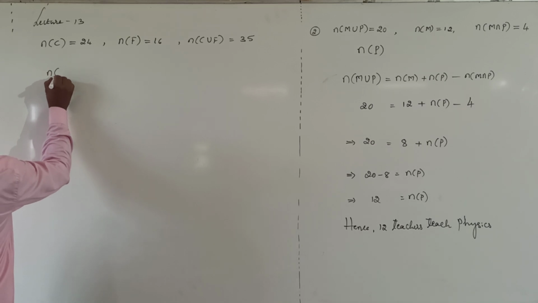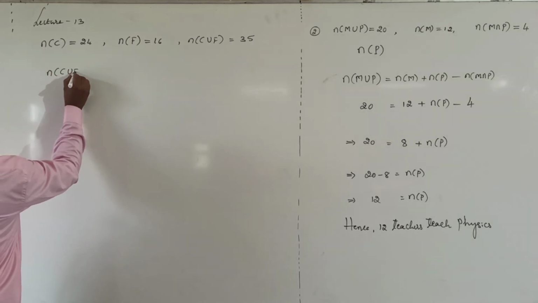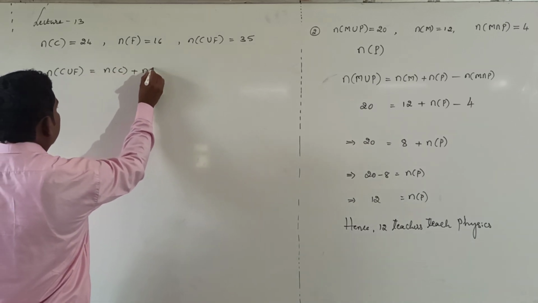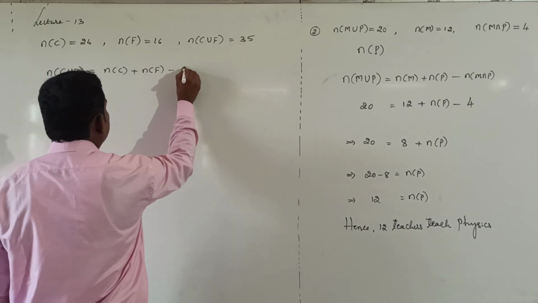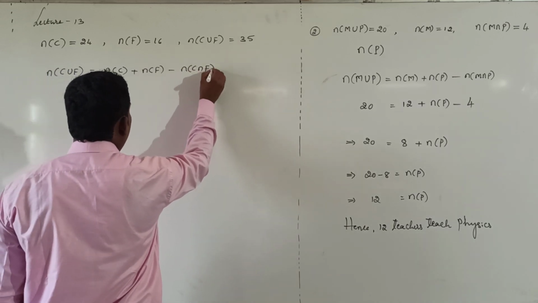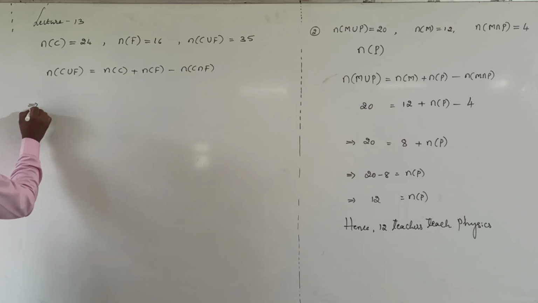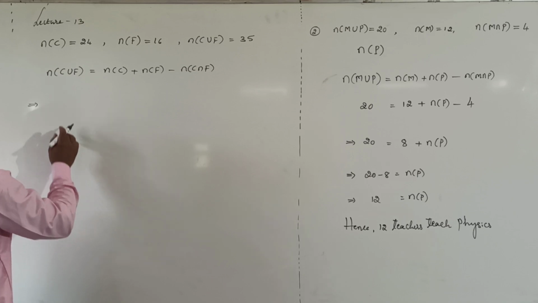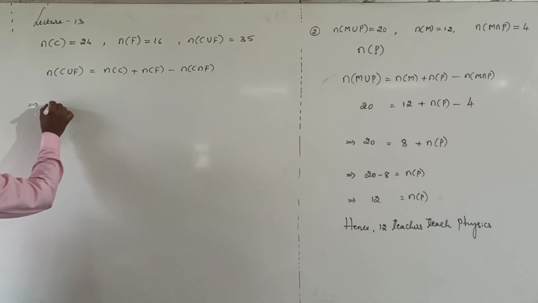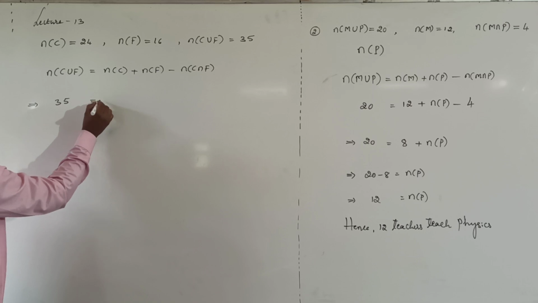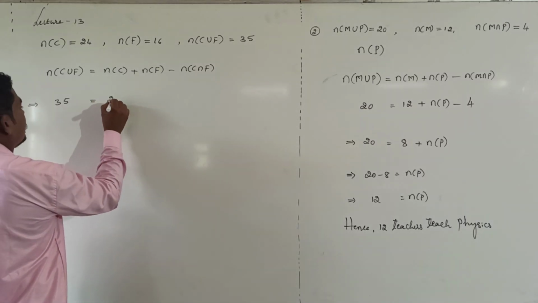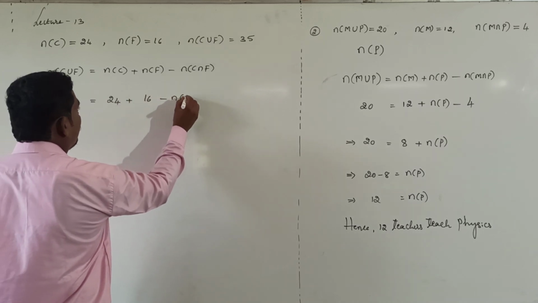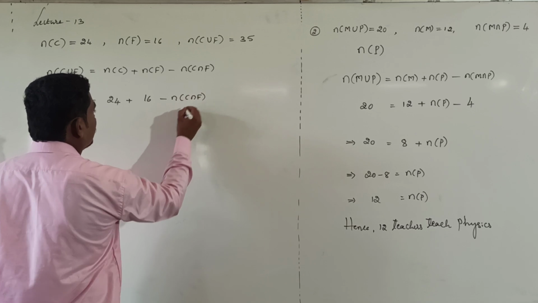Just write the formula. n(C union F) is equal to n(C) plus n(F) minus n(C intersection F). Just replace all the values. Union they have given 35, n(C) also given 24, n(F) 16, minus n(C intersection F).